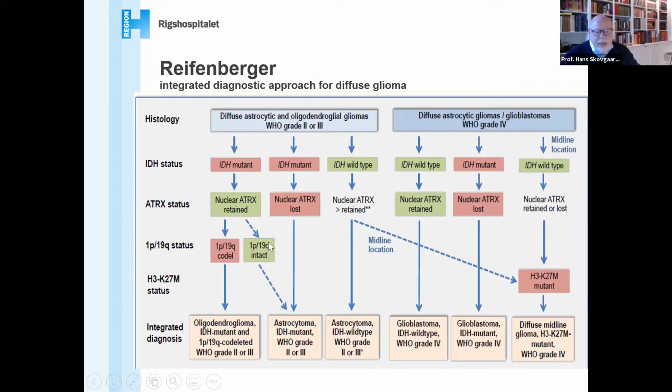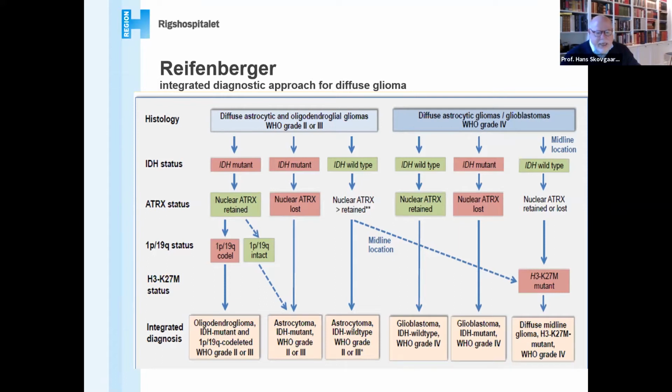If they are not deleted, it's not an oligodendroglioma, but some kind of astrocytoma 2 or 3 or whatever. So in the new WHO classification, they have used these molecular standards in order to help us to characterize and be more specific about the type of tumor that we are looking at.